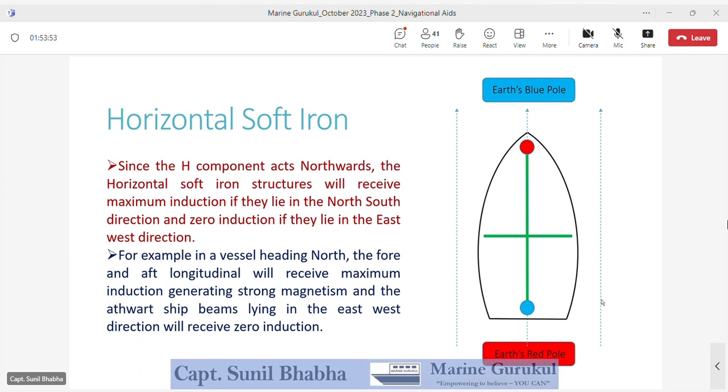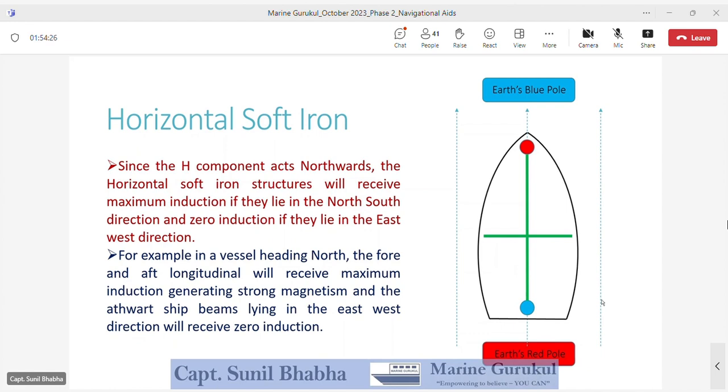Beta, the ship's fore and aft longitudinal, visualize in your mind, your ship has a fore and aft longitudinal, and its orientation is horizontal, isn't it, beta? It is parallel to the earth surface. Yes. And the earth's magnetic field is also horizontal. So this photo that you are seeing is basically a top view of the ship, as if you went up with a drone and took a photo.